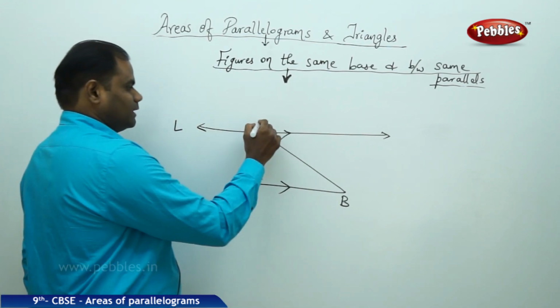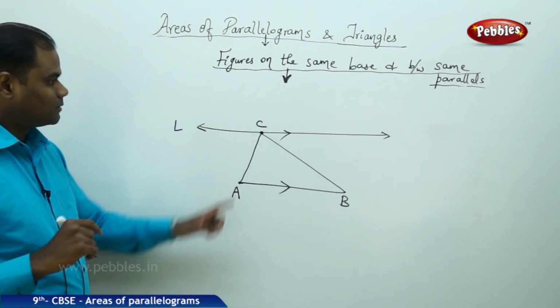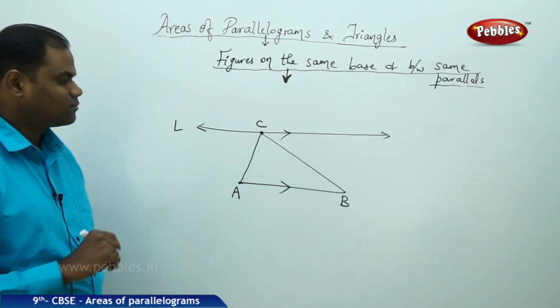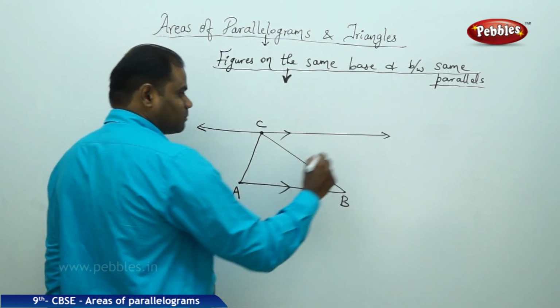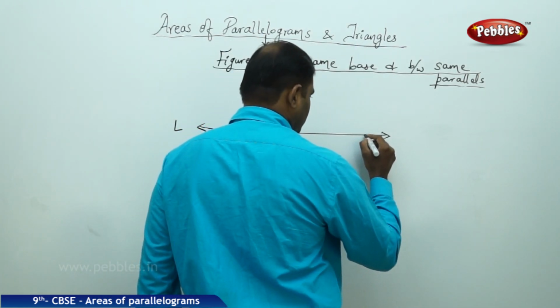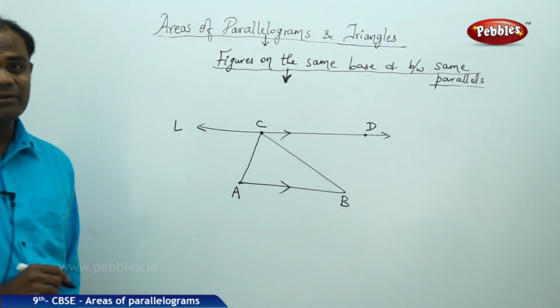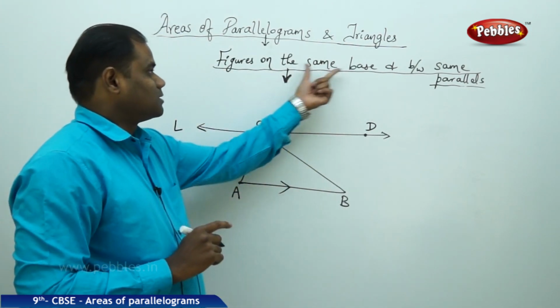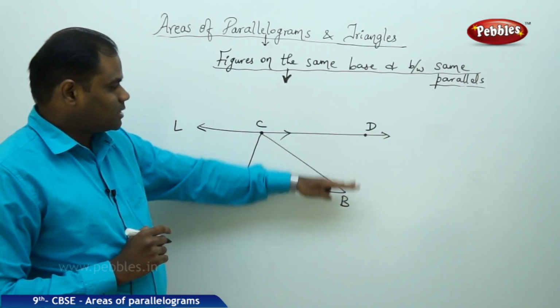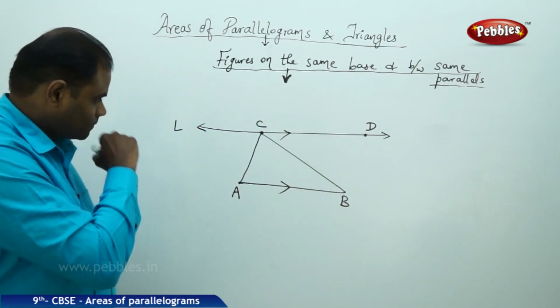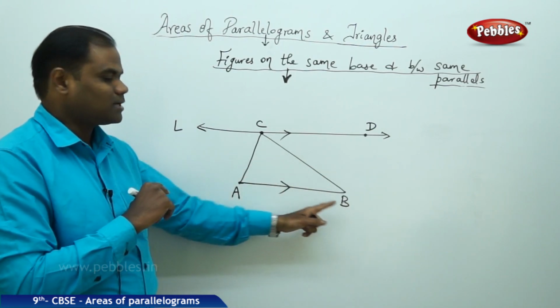Let C be the point on the parallel line where a triangle is formed. Let me take another point D where I would draw a triangle with the same base. So between the same parallels AB and the line L, I have a triangle ABC with the base AB.